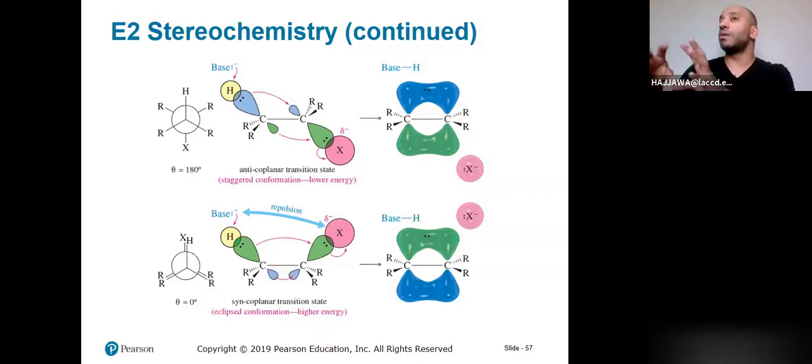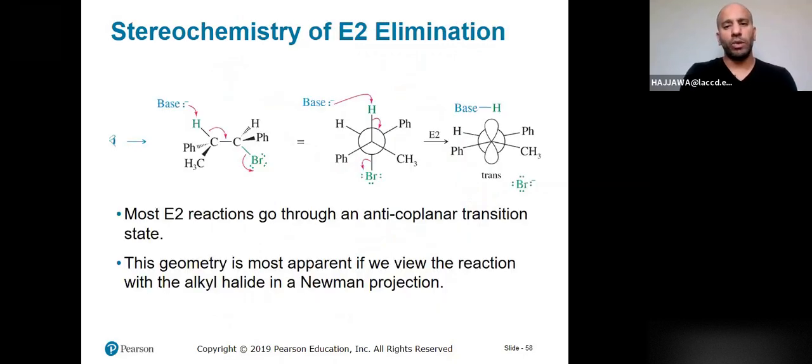If I have the halide sitting on the wedge bond, that means I have to have the hydrogen that's away from the plane to be picked up by the base in order for the elimination to happen with the least amount of energy needed. So we can see clearly here that it's always best to pick the hydrogen that's in the anti-coplanar orientation to the leaving group.